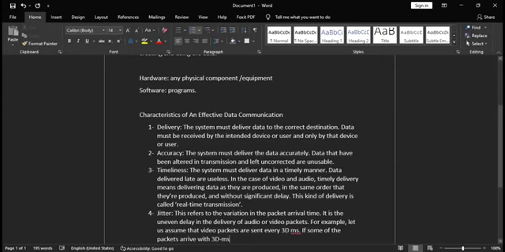I think this way is better to avoid this error. Okay, 3D milliseconds, as we said.